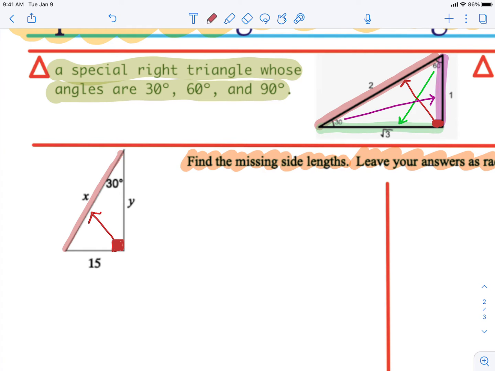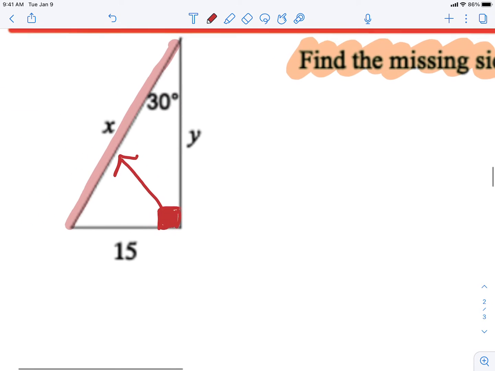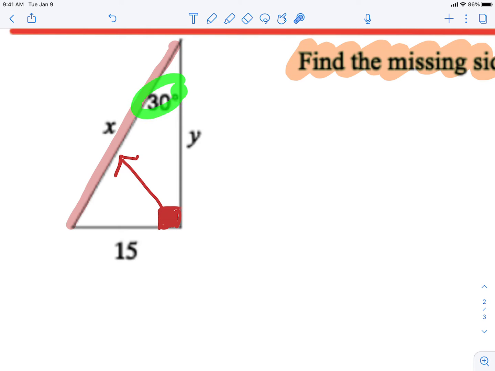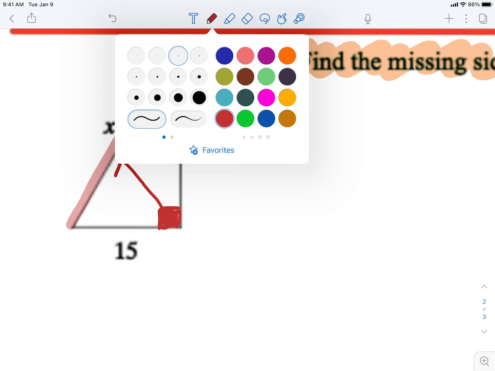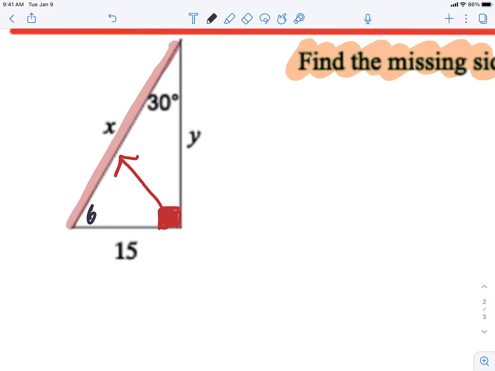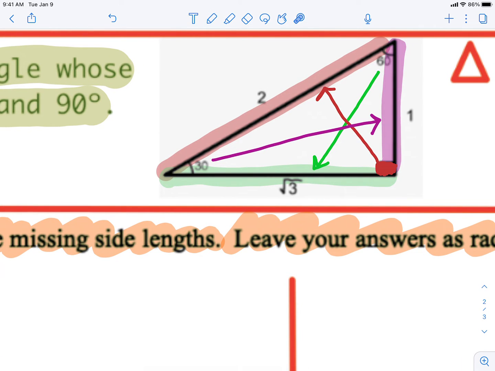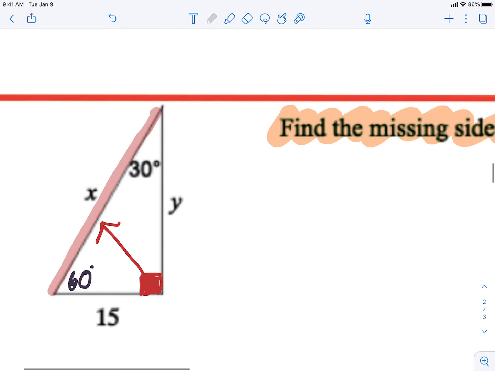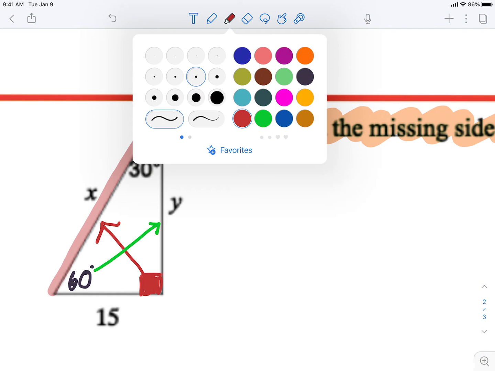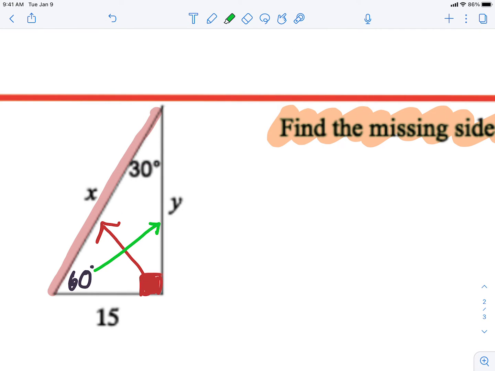Next, I notice that I don't have a 60 here. I have this 30, but I need my 60. So I'm going to write 60 degrees right here. And then I remember that across from 60 was my long side, and I'm going to highlight that in green, verde.